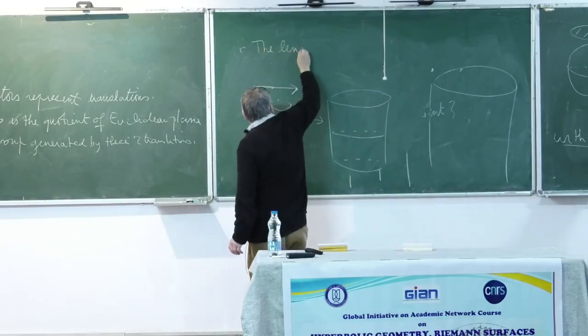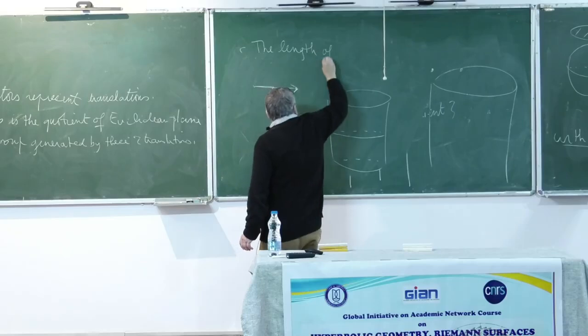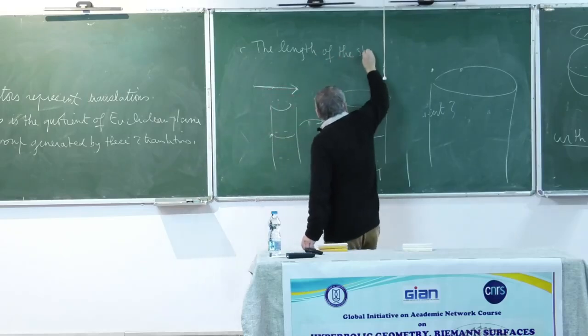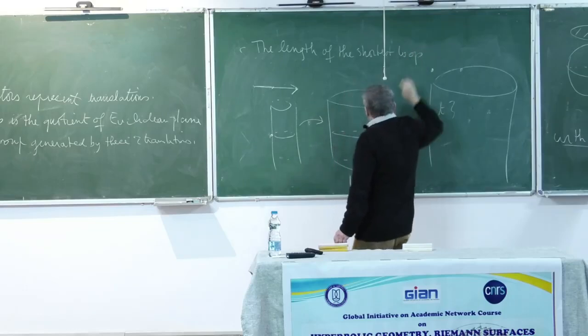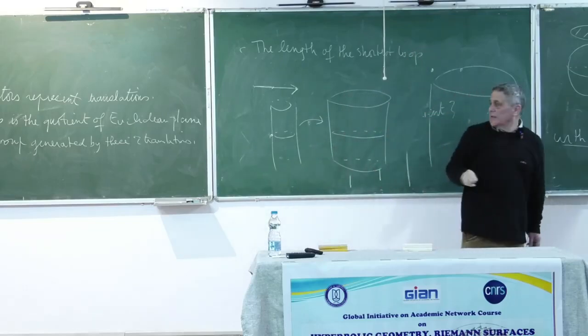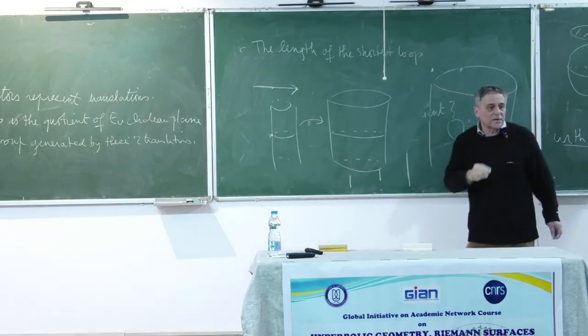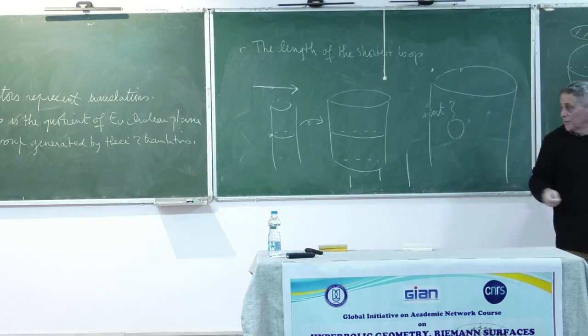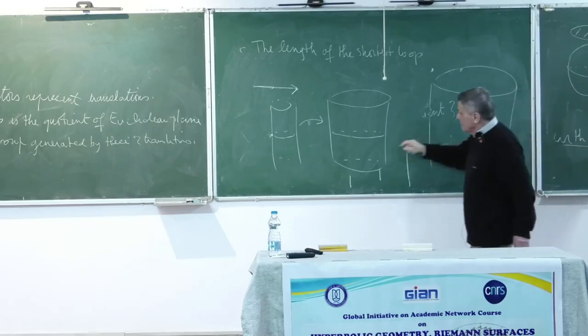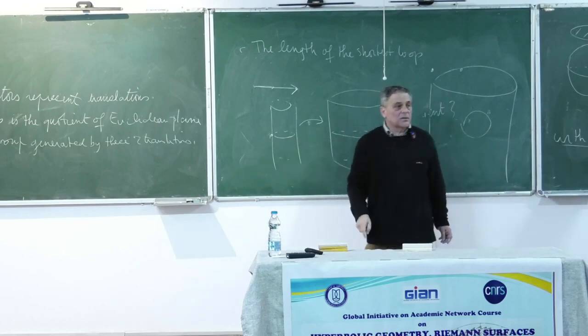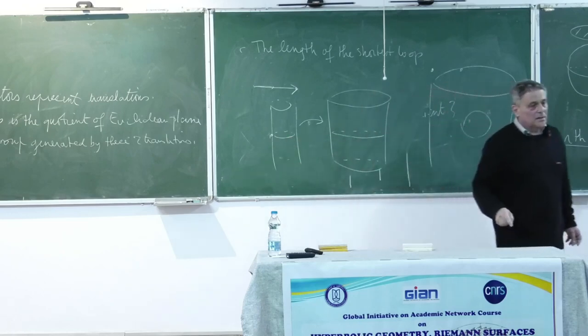The length of the shortest loop. I must say something about this shortest loop, because here I also have loops. I can find a loop here whose length is the same as this one. So what do I have to put there?